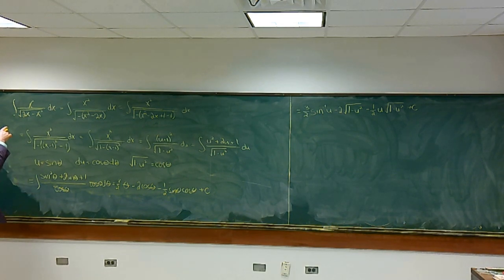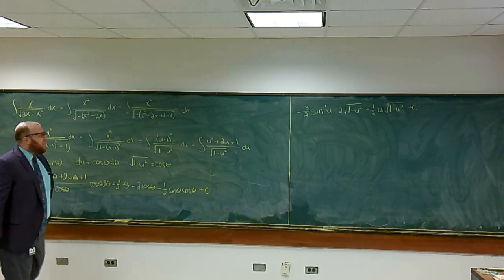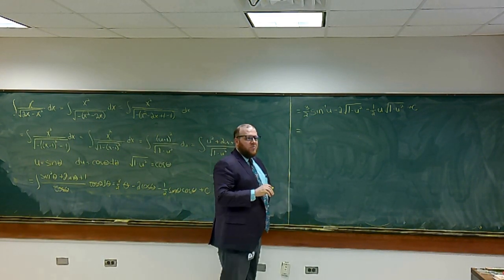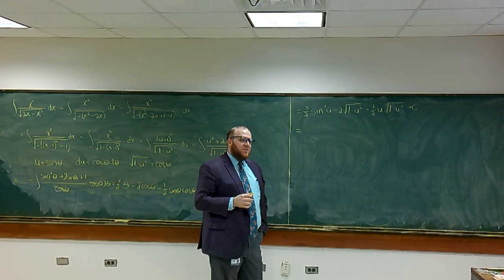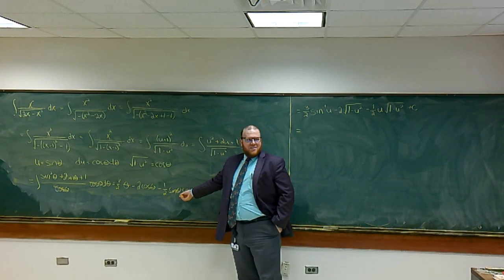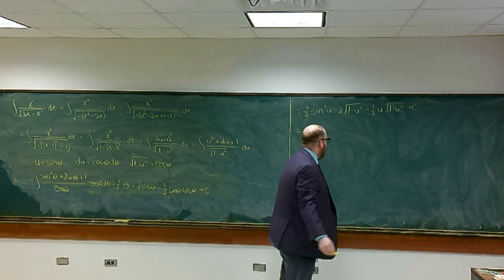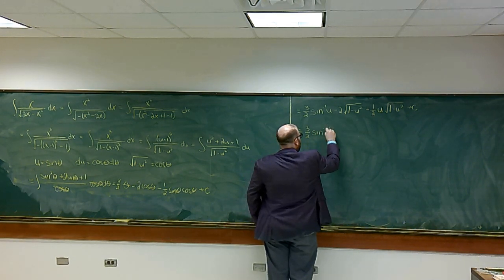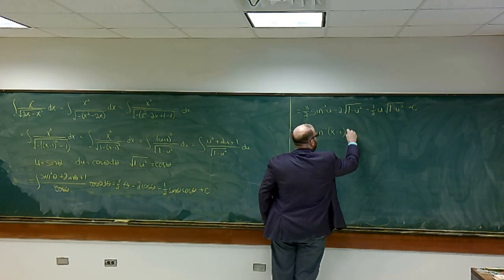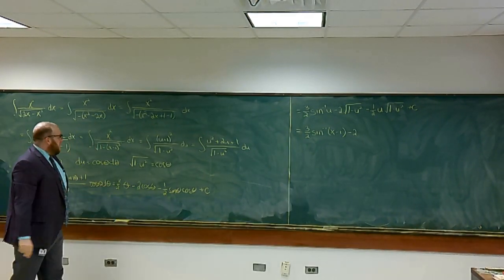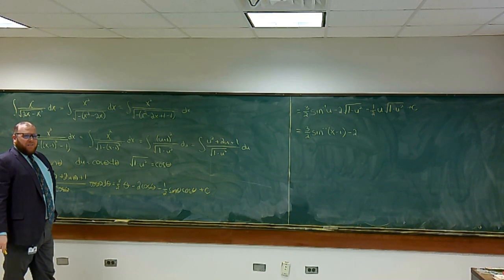Oh, yeah. Our independent variable is x, not u. Right. Well, what did we say u was? Something in terms of x. Oh. Otherwise, we're going to go right back to here. Yeah. X minus 1. Now, square root of 1 minus u squared.